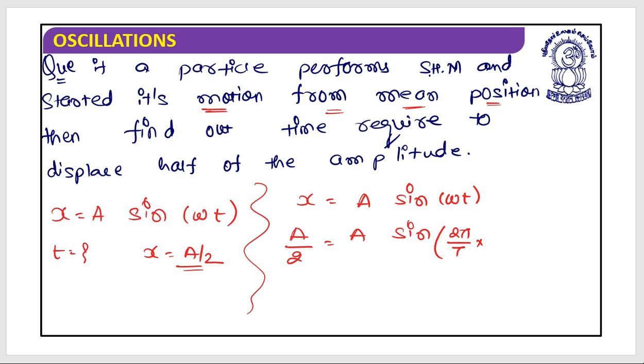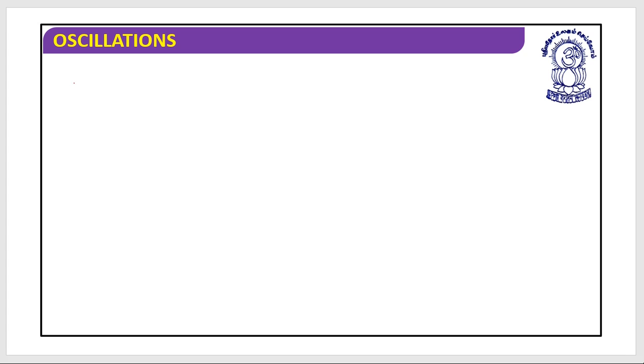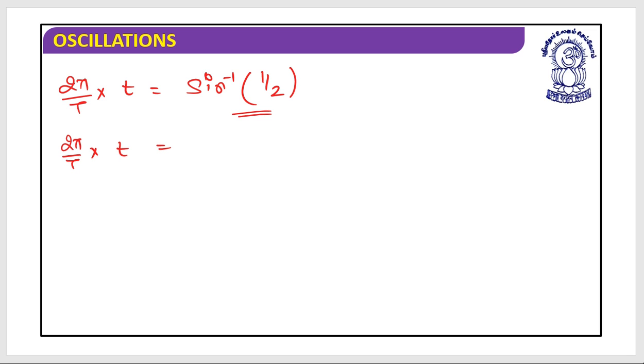It's omega into t, sorry, it's 2 pi by T into t. This A and this A cancel, so 1 by 2 equals sine of 2 pi by T into t. So 2 pi by T into t equals sine inverse of 1 by 2. Sine 30 degrees is equal to 1 by 2, so it's 30 degrees, or I should say pi by 6. So this pi, this 2 pi, this is 2.